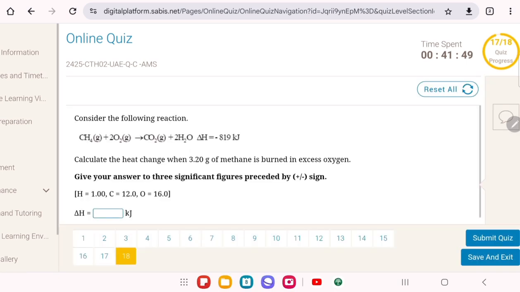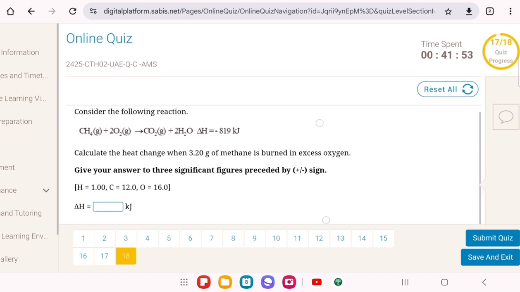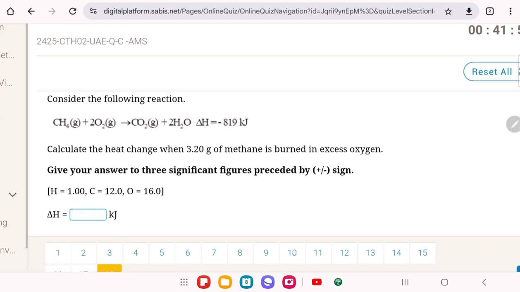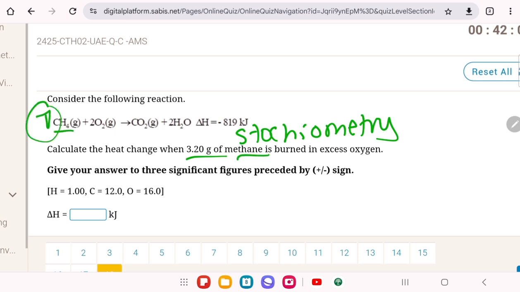Question number 18, the final question. Calculate the heat change when 3.2 grams of methane is burned. This is the stoichiometry. Okay, so how do we do it? If we have methane, which is CH4, 1 mole gives us how much? Minus 819 kilojoules. How much then will 3.2 grams give us?